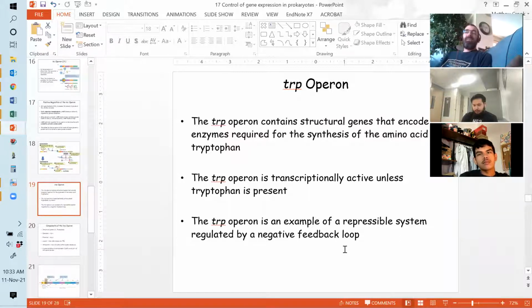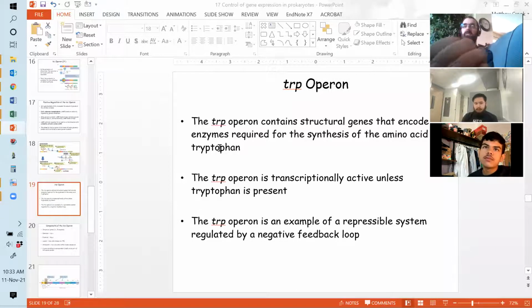The trp operon is the opposite. And the trp that we're referring to is all about synthesis of tryptophan. And that's required for translation, protein production.